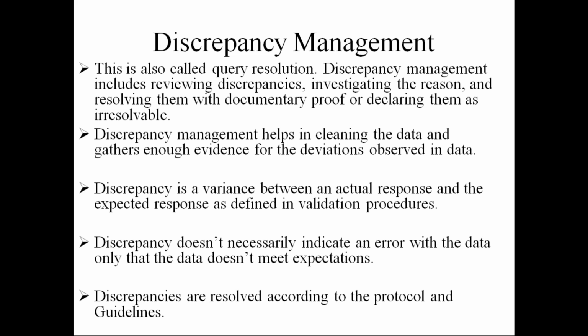Discrepancy is a variance between the actual response and the expected response. It does not necessarily indicate an error, but data which does not meet the expectations. Discrepancies are resolved according to protocol, according to the guidelines.